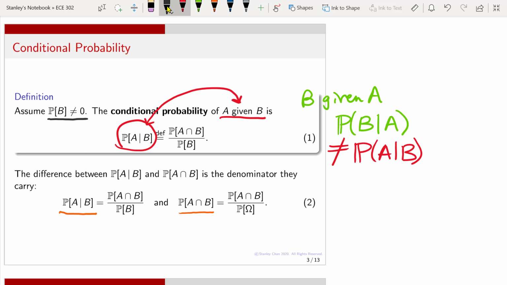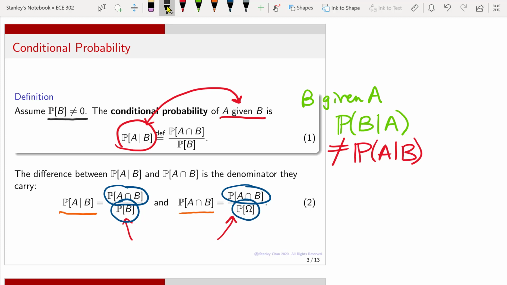So now what do you observe here? The numerators of both ratios are identical. They are both looking at the intersection of A and B. The difference is in the denominator, where in the conditional probability, the denominator is B. In the intersection, the denominator is omega.